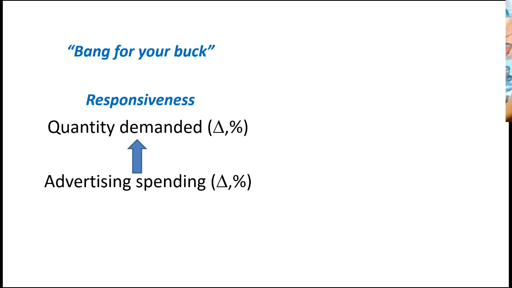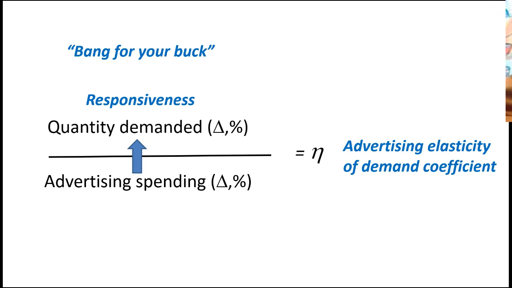So the responsiveness of quantity demanded to a given percentage increase in advertising spending. We can represent this causal relationship with our ratio, or our advertising elasticity of demand coefficient, representing the effect over the cause.